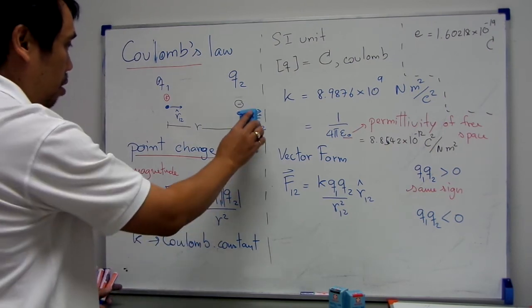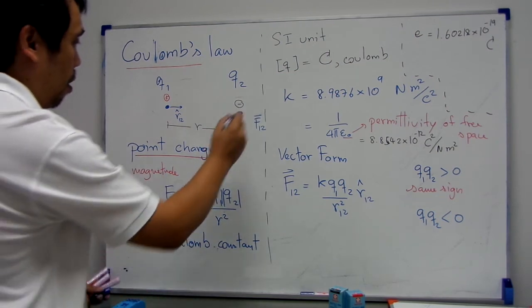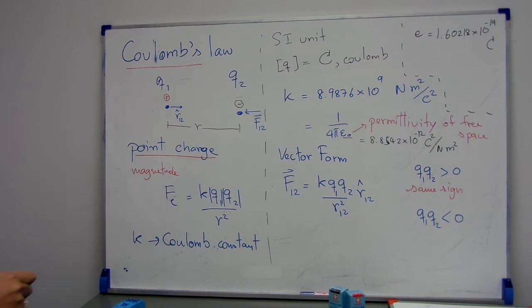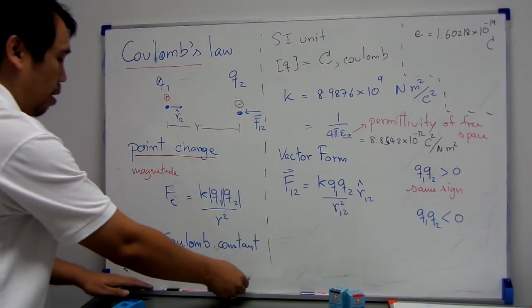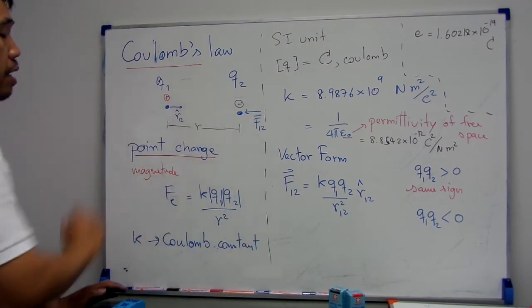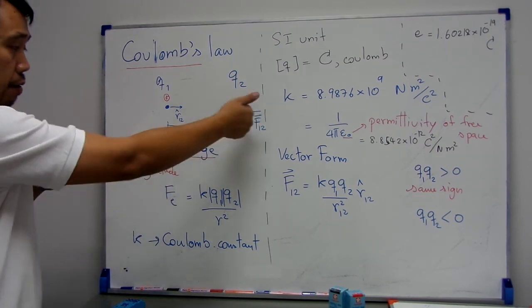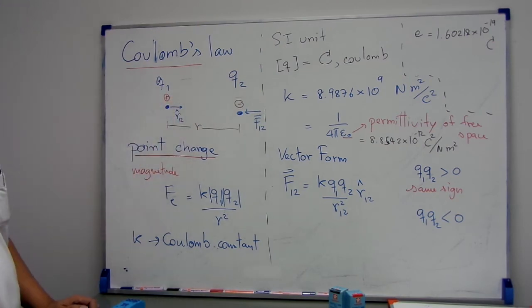So F12 points in this direction. You can see that this is correct because these two charges have different signs, so we have an attractive force: Q1 attracts Q2.